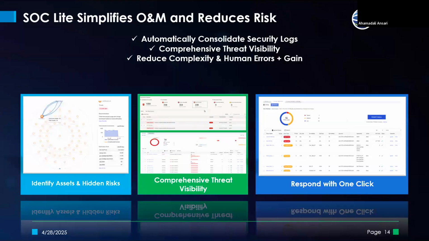Other than all of this, Sangfor also helps you monitor and find hidden assets, and check what ports and protocols are open, giving you full threat visibility and then one-click response. This can all be consolidated very easily, and it comes with no extra license.